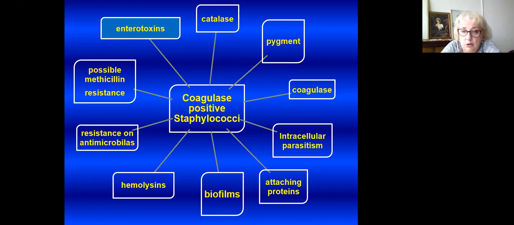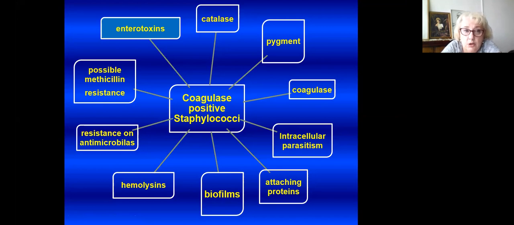They produce a large number of attachment proteins, which connect them with the tissue. Biofilms are very common in coagulase-positive Staphylococcus mastitis. They produce hemolysins and ulcers.